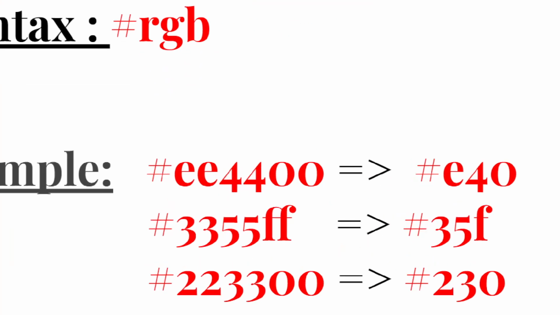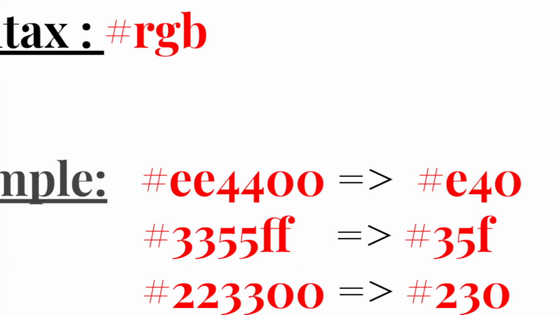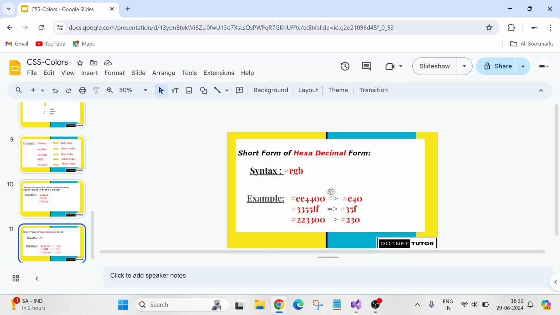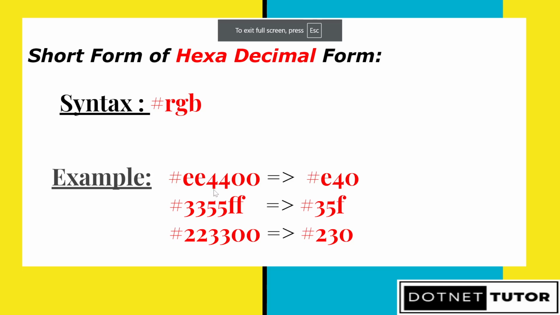Suppose we have two e's, we can write it as a single e. If it has two fours, we can write a single 4. If we have two zeros, we can write a single 0. Like that, we can reduce these 6 digits into 3 digits. It is nothing but the hexadecimal short form.